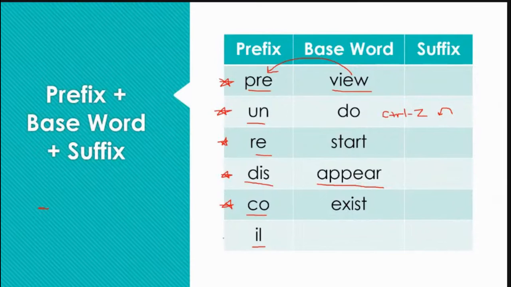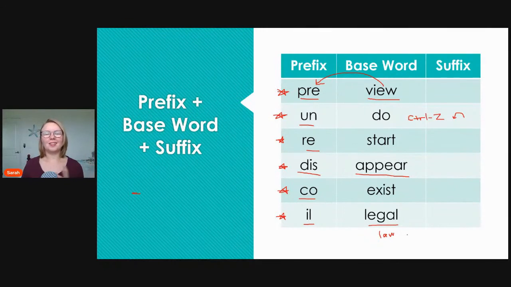Last, for our example, we have il, which again means not, without, or opposite of. So il, legal, illegal. This means not legal. Legal has to do with law and rules, right? If something is illegal, it means you should not do it. And if you do, you will get in trouble, right?